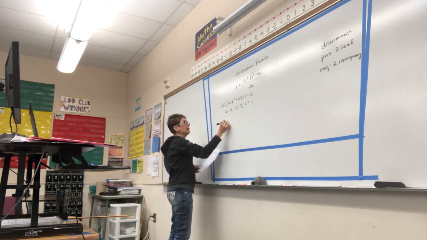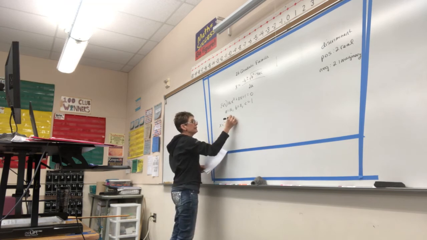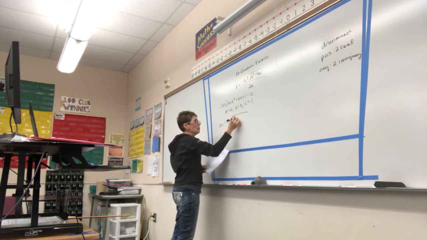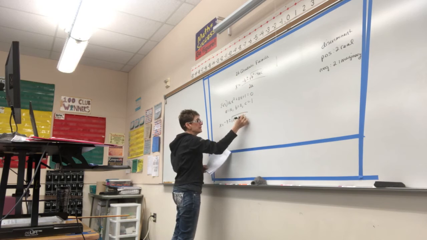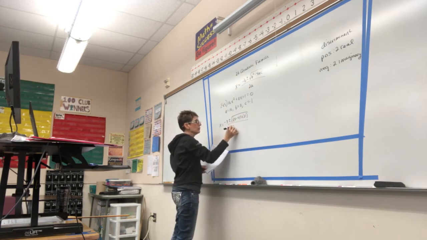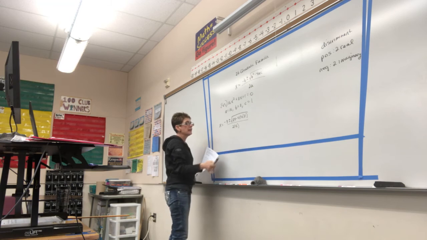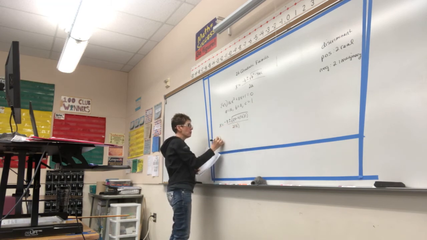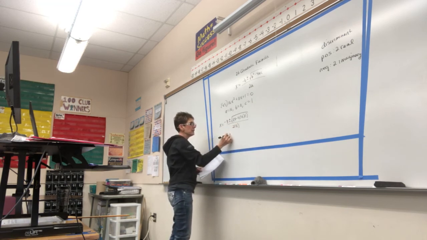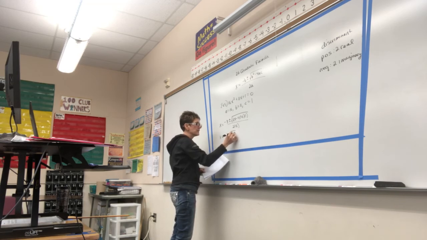So we've got negative 8 plus or minus the square root of 64 minus 4 times 16 times 1 all over 2 times 16. Now 4 times 16 is 64. So we've got negative 8 plus or minus the square root of 0 over 32.